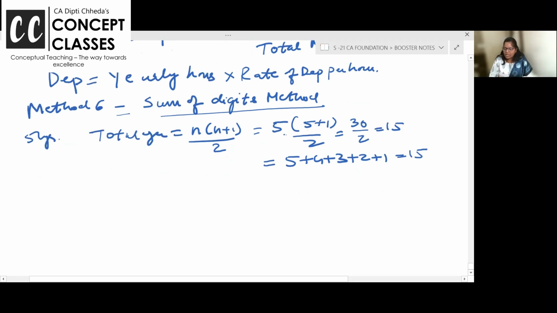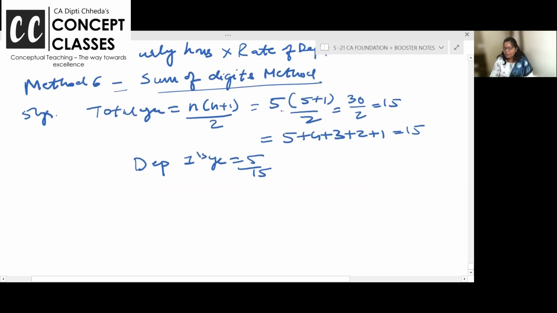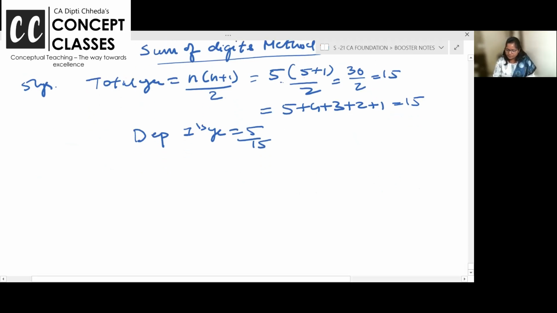So like this you charge the depreciation, and say depreciation in the first year will be 5 by 15, then 4 by 15 and so on. Are you able to write with me in the booster notebook, sixth and the last method?